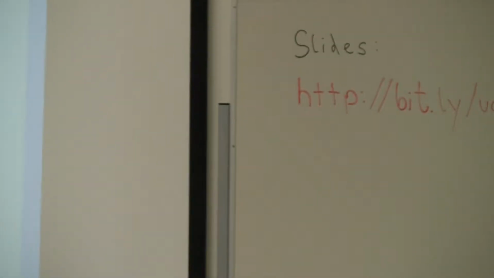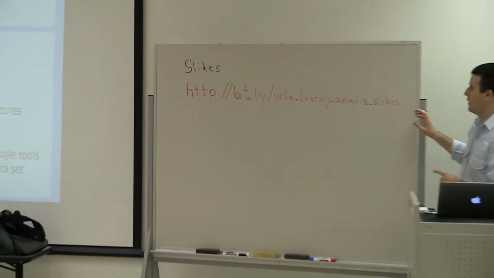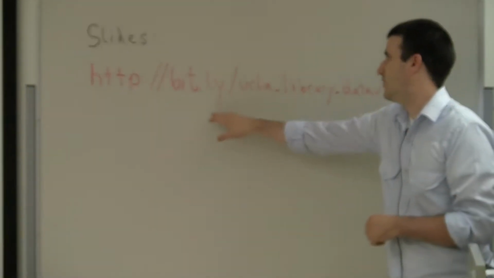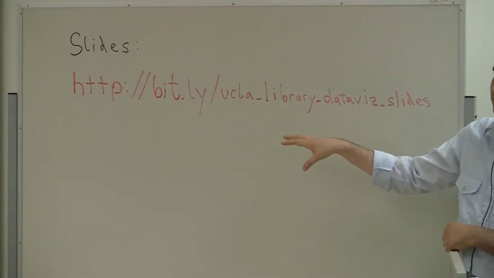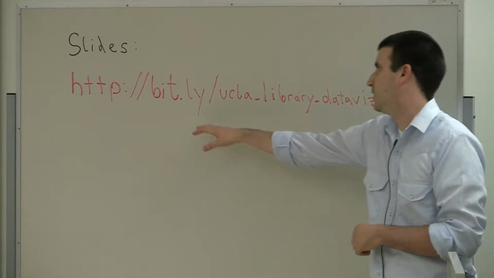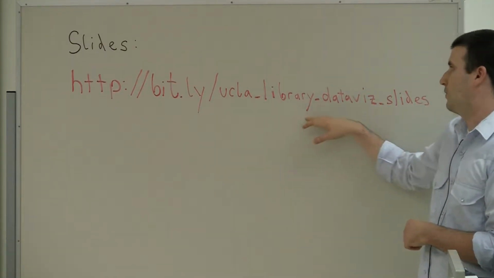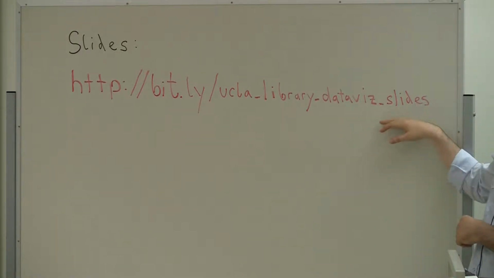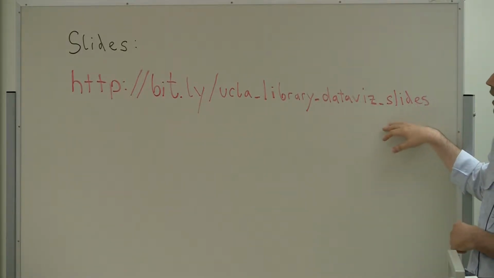So let's get started. I'm going to dim the lights so everybody can see a little better. Before I start, I wrote this a little small, but this is the slides. If you want to look at this on your local laptop, it's bit.ly/UCLA_library_dataviz_slides.